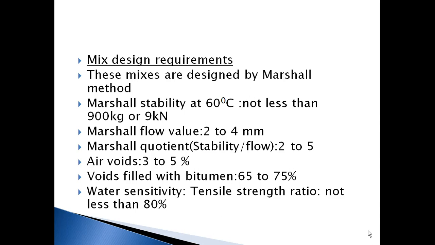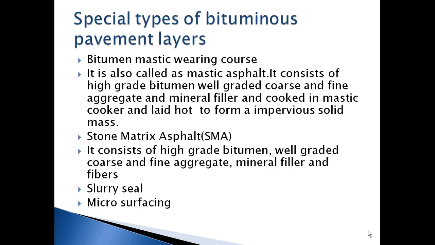There are also other special types of bituminous pavement layers, like bitumen mastic bearing course, stone matrix asphalt, slurry seal, microsurfacing. Bitumen mastic bearing course is also called as mastic asphalt.